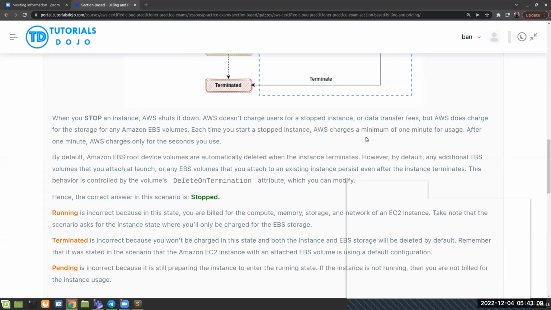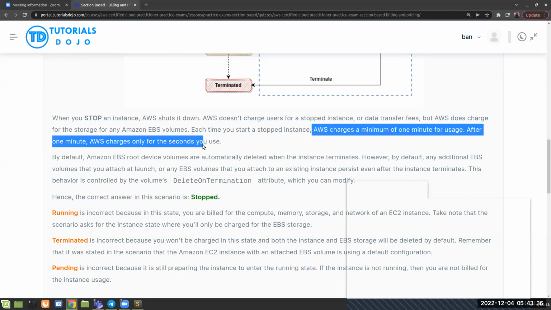Even if you run it for 10 seconds or 30 seconds, 1 minute will at least be charged. But after 1 minute, it will charge you only for the seconds used. So if you use it for 1 minute, 10 seconds, AWS will charge you for 1 minute, 10 seconds, because after 1 minute it charges by the second. It won't round that 10 seconds up to 2 minutes. It's good to know those details as well.